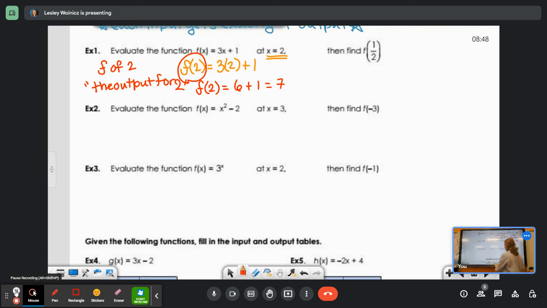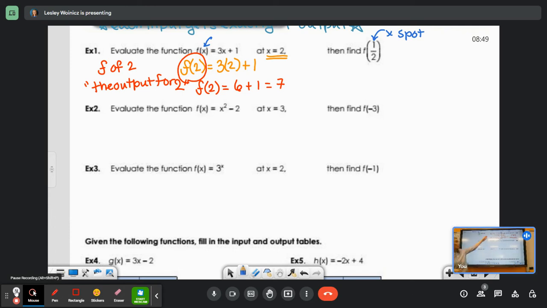Okay. Now look at this next one. Do you see that this 1/2 is in the x spot? You see it? It's right in that little spot. So that's another way of communicating to you what x is.